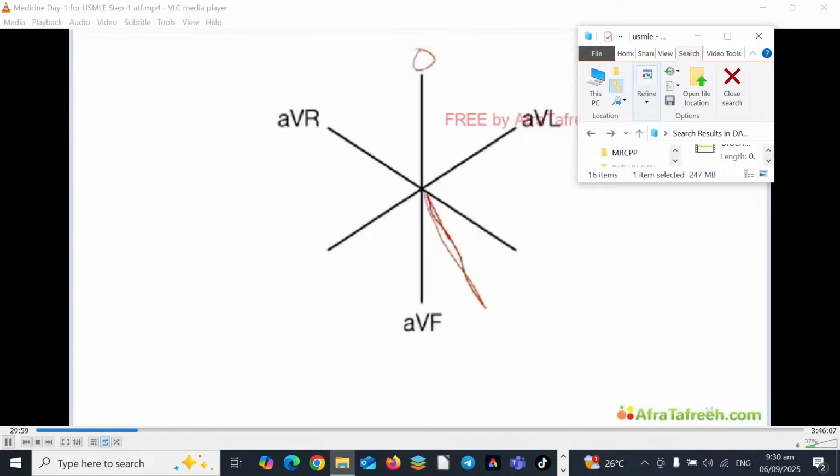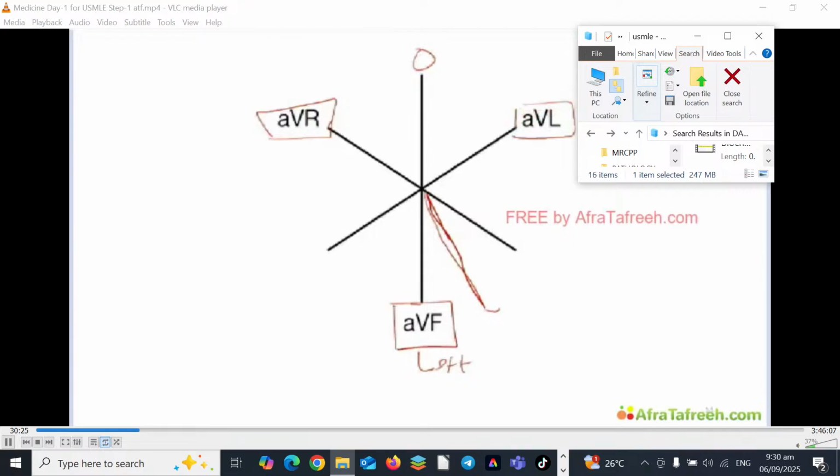So one lead is attached to the AVR, that is your right hand, the other is attached to your left, and the other is attached to the foot, which is your left foot. Because this is a unipolar lead, it won't have a straight connecting line, but it would be a dot, because it is plus only in that spot. There is no negative electrode here.